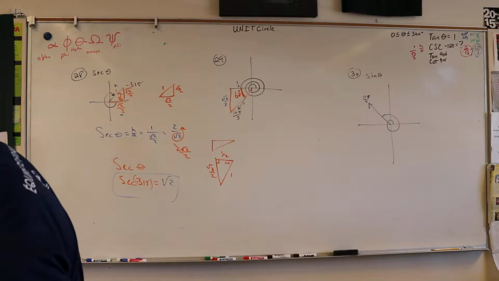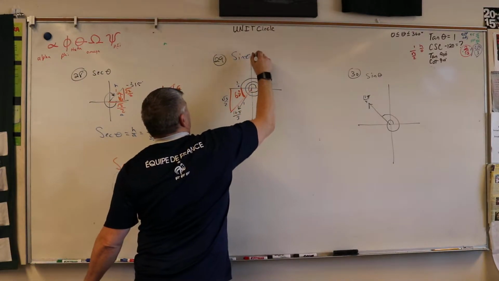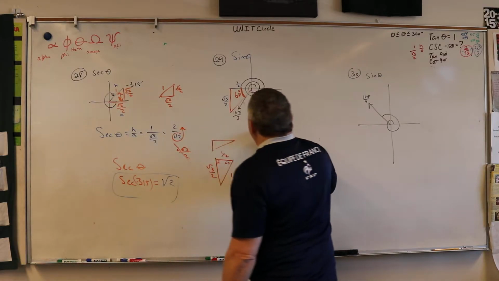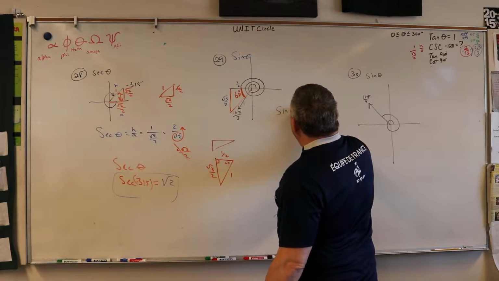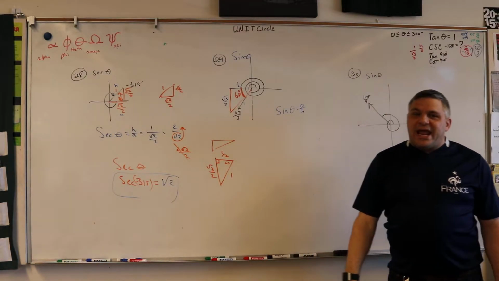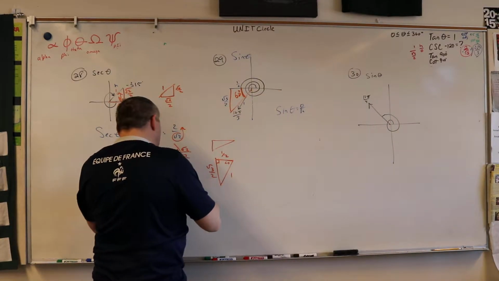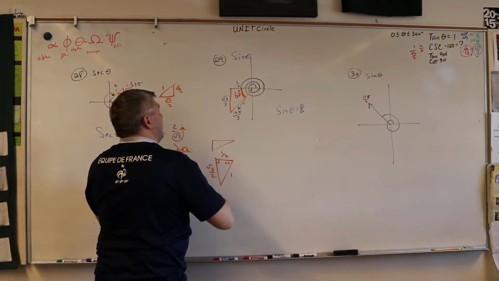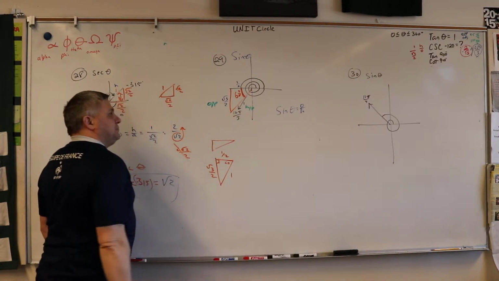Now they're asking for, I didn't write it, for 29, they're asking for sine theta. So the sine theta is equal to O over H, my opposite over my hypotenuse.